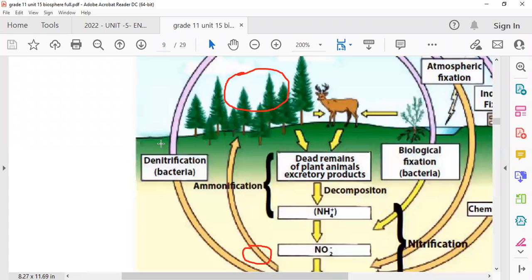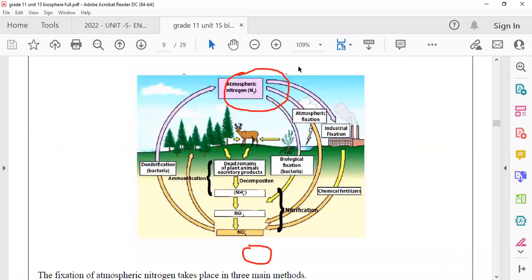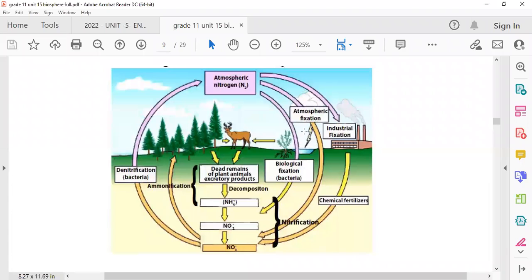The process of NO3 minus getting converted to N2 gas is called denitrification. Okay, so I have explained these processes to you.